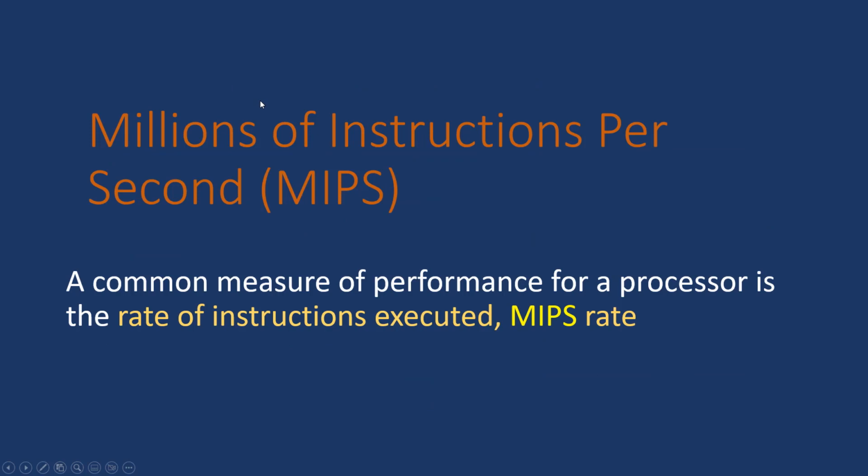Another common measure of performance for a processor is the rate of instructions executed. Normally we use millions of instructions per second, MIPS.